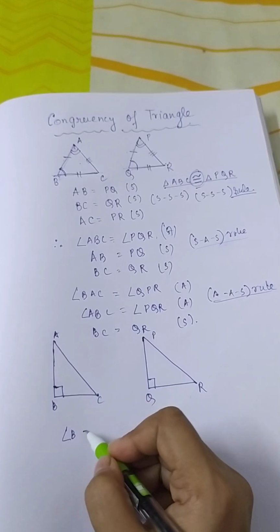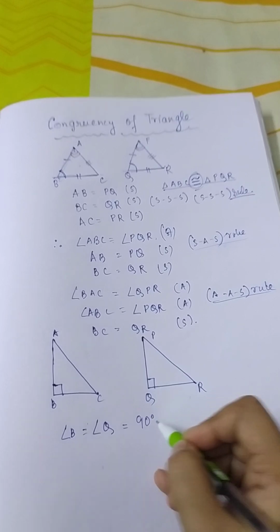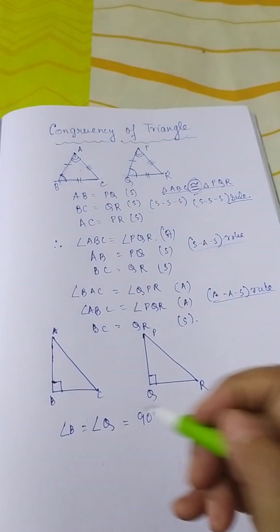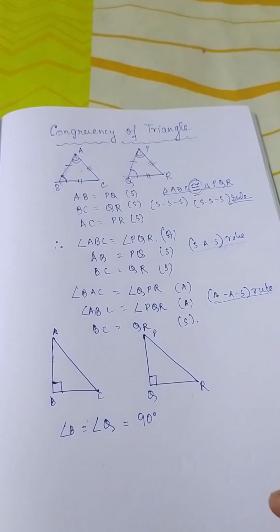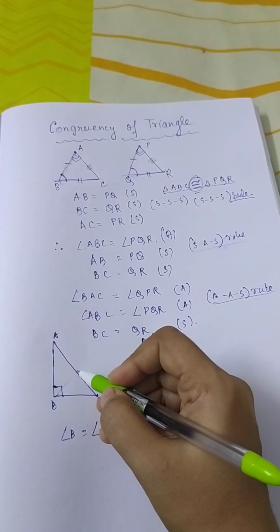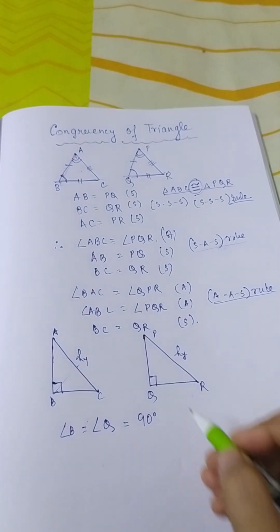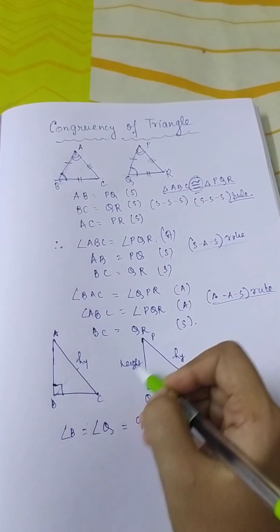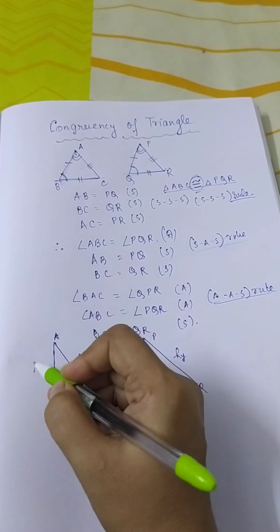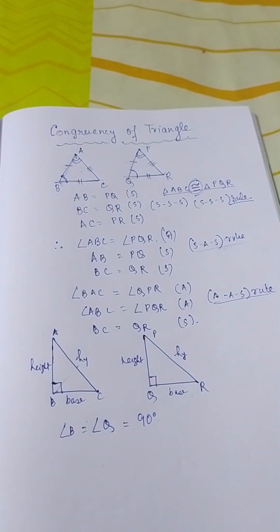Angle B and angle Q are equal because both are 90 degrees. And from your general knowledge of triangles, the side opposite the right angle is the hypotenuse. Base and height positions can be changed.